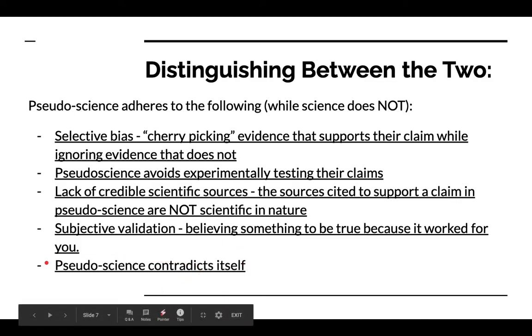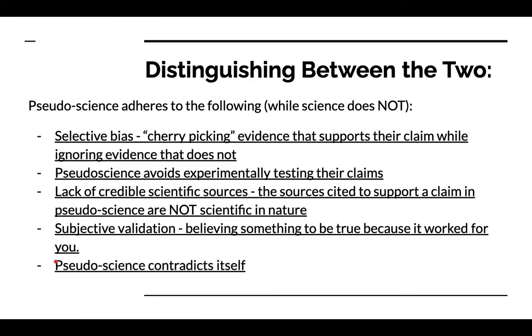And pseudoscience contradicts itself. Oftentimes, and this goes more into logic and argumentation, which we won't go into too much detail, people who espouse pseudoscientific beliefs tend to contradict themselves, okay? Meaning that their arguments fall flat on their face, and if you dig in deep enough, will actually end up collapsing upon themselves.